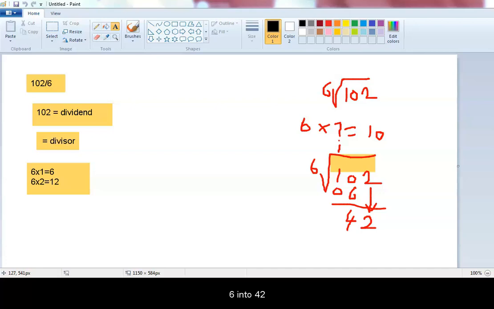Six into 42. 6 multiplied by what gives 42?